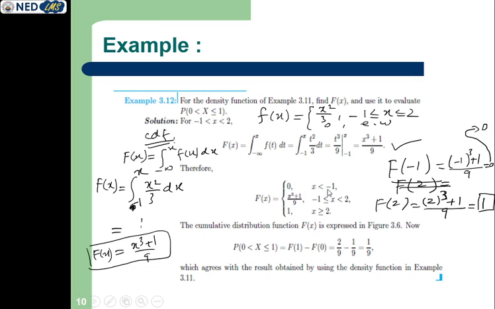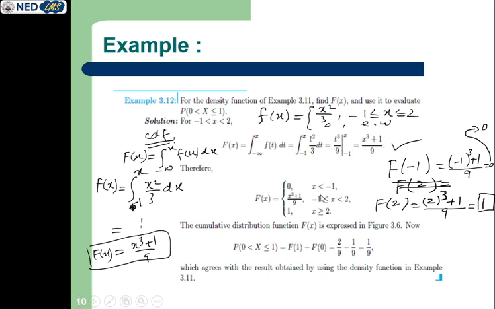Now what is the limit? How could you write the limit? x lies between minus 1 to 2. So write in front of 0, x less than minus 1, and in front of 1, the upper answer, x greater than 2. So these two, the lower and upper limit, are minus 1 and 2.